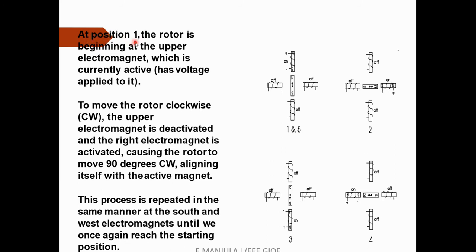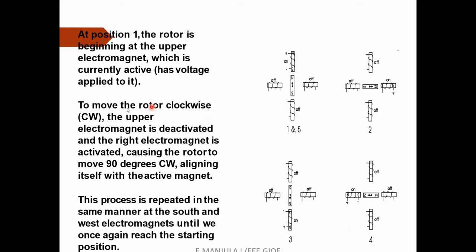At position 1, the rotor is at the upper electromagnet, which is currently active. We have applied voltage on it. If you observe plus or minus, we have applied the voltage to this circuit only. When the current passes through this coil, it acts as a magnet, which is called an electromagnet.